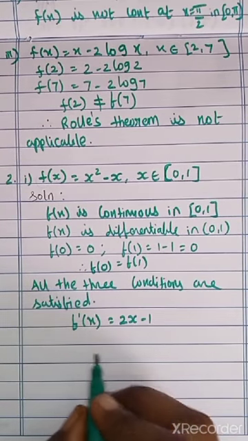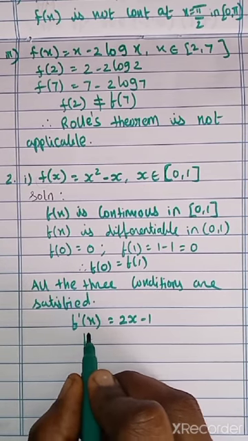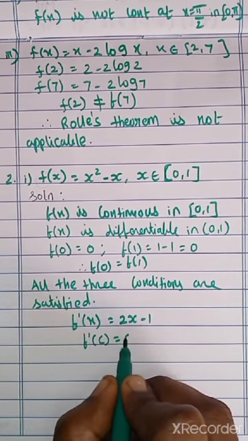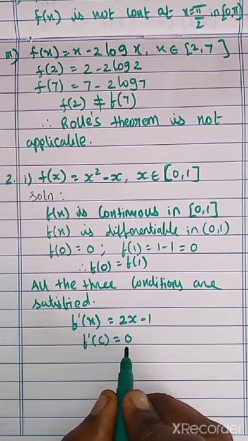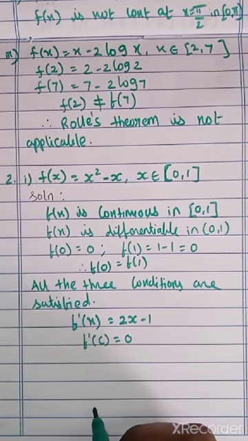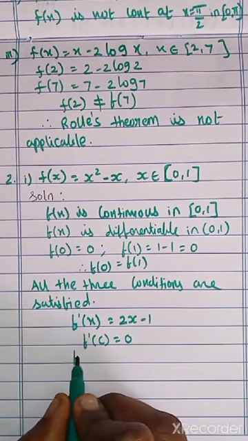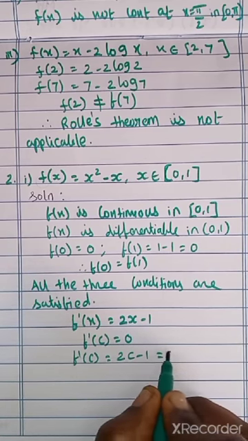And we know that there exists c such that f dash of c equal to 0. Now here, instead of x you have to replace the value as c. So this will become f dash of c equal to 2c minus 1, which is equal to 0.